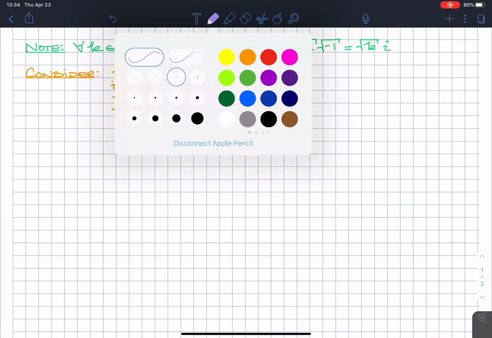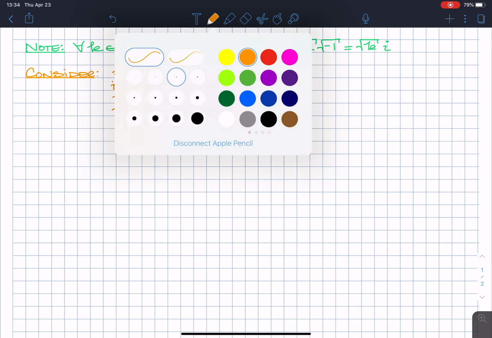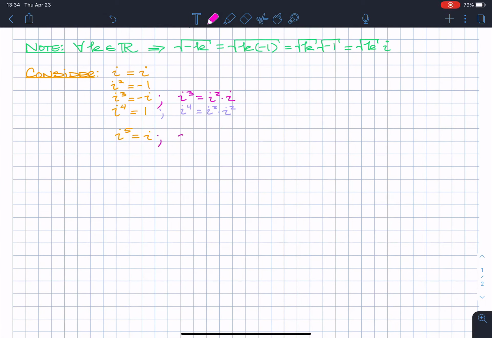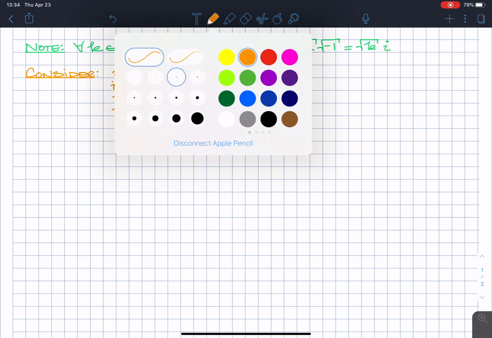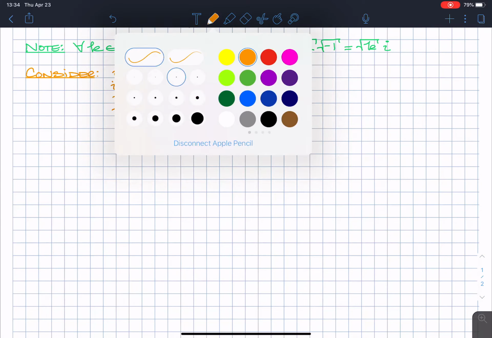Okay, so continuing on then, i to the fifth is i to the fourth times i, so it's just i. That's because i to the fifth is i to the fourth times i, and we know i to the fourth is just 1. i to the 6th is i to the 5th times i, so i squared, which we know to be -1.